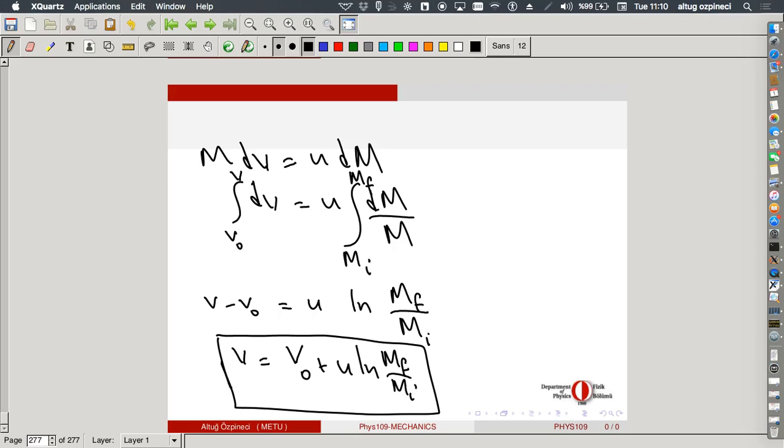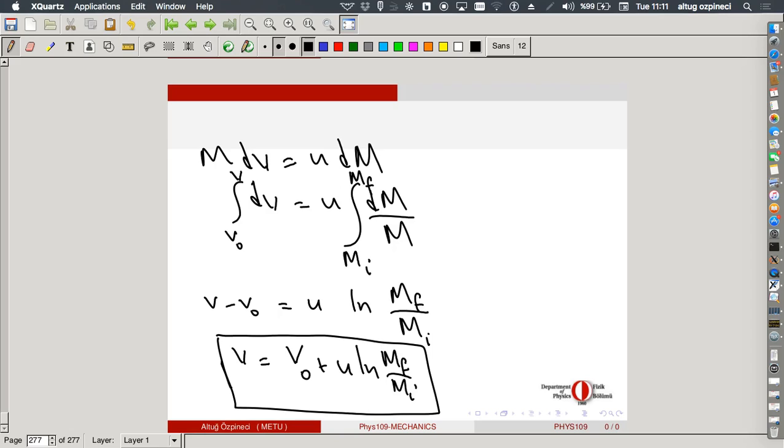Suppose that the final mass is, let's say, half the initial mass. Do you remember the properties of the logarithms? So the final mass is less than half the initial mass. You burn half of your total mass. In a real rocket, you burn more than half your mass; what remains of the rocket is a very small percentage of the initial mass.